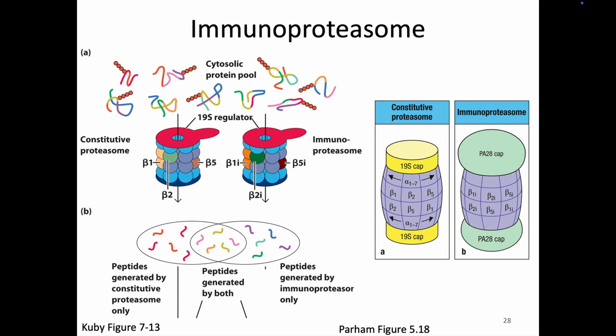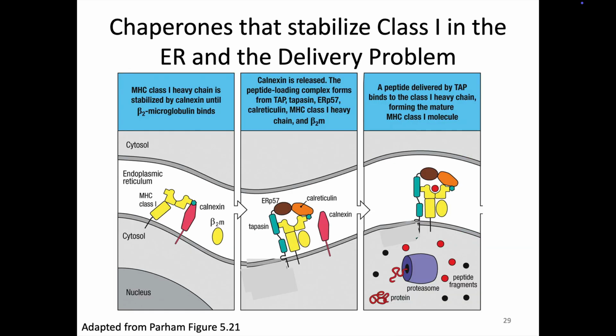Because those are the best ones for MHC class 1. So there's this specialization to have a proteasome that's even better. And this is one of those things that can get turned on when we're seeing interferon production in the antiviral state. So our step of proteolysis is with the proteasome.